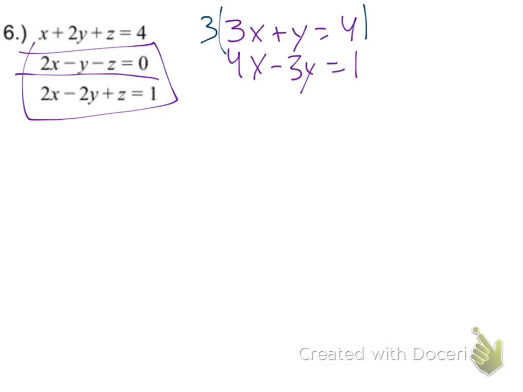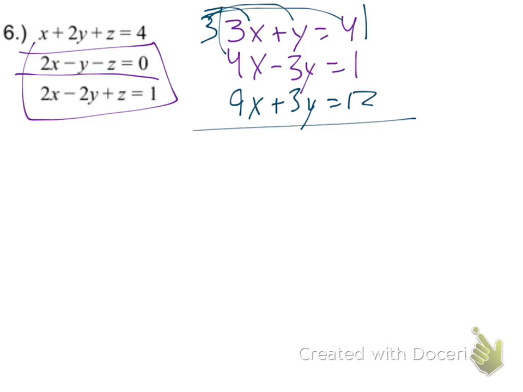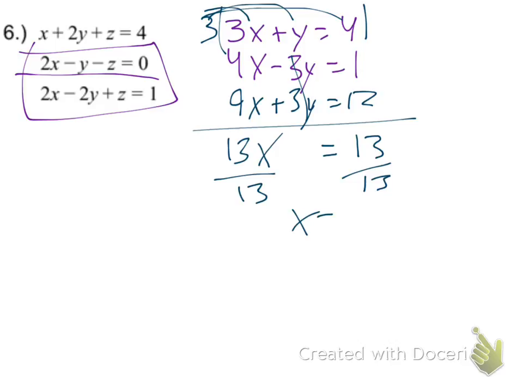That's dark blue, guys. So I get 9x plus 3y equals 12. And then I add them together. 13x, y gone, equals 13. Or x is equal to 1. Awesome.